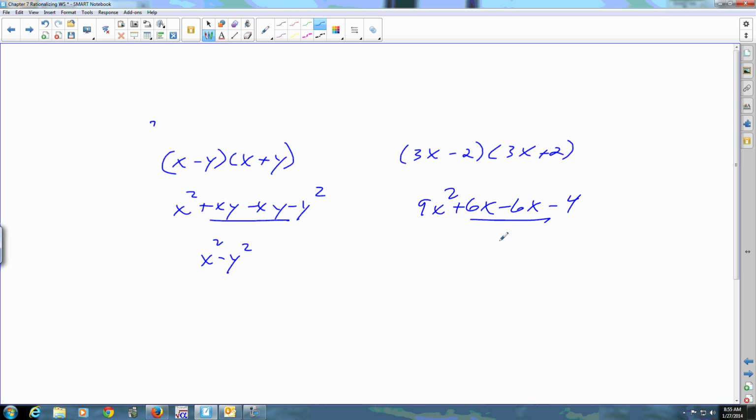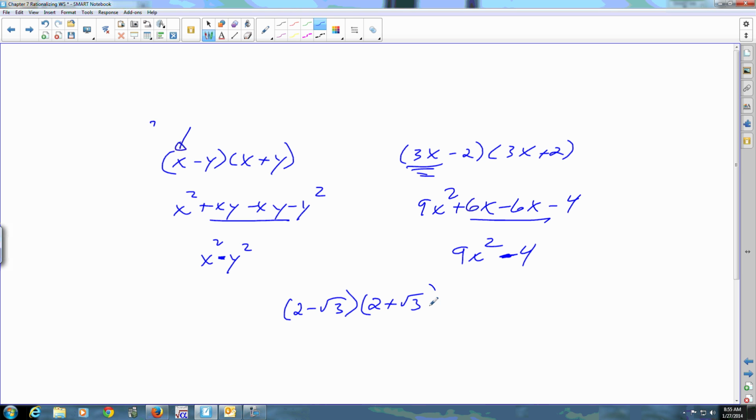Okay, the middle is going to cancel out, so you get 9x squared minus 4. The shortcut is you square the first thing minus square the second thing, and you're done. Square the first thing, 9x squared, minus square the second thing, 4. You're done.